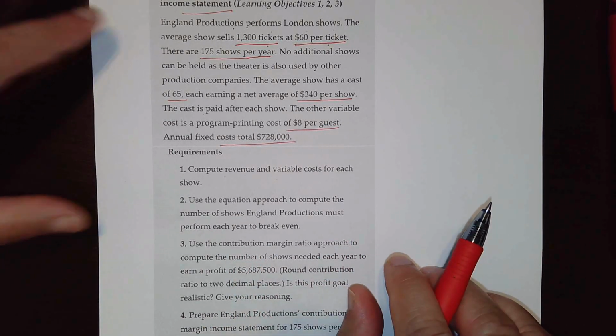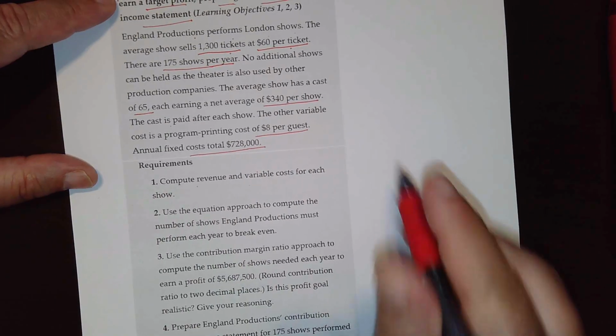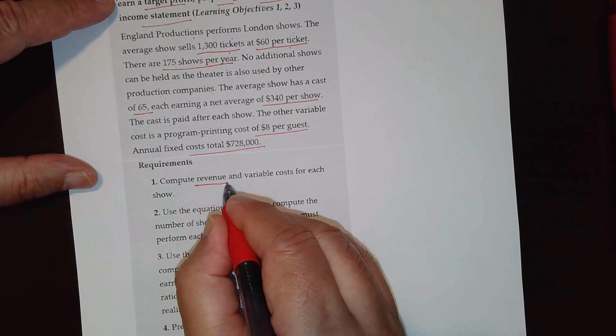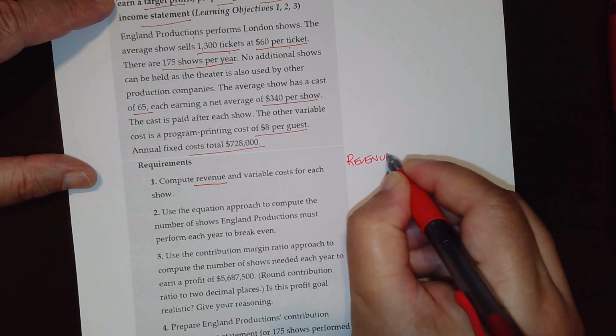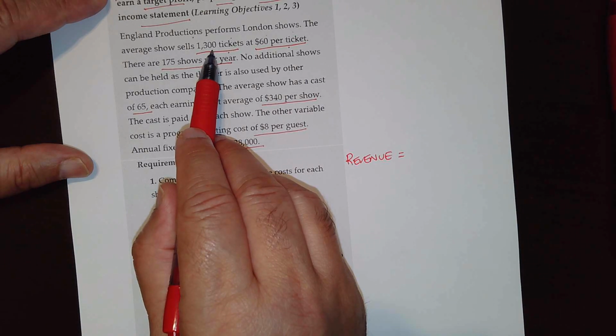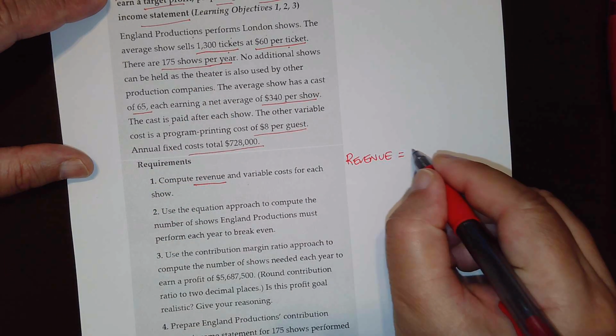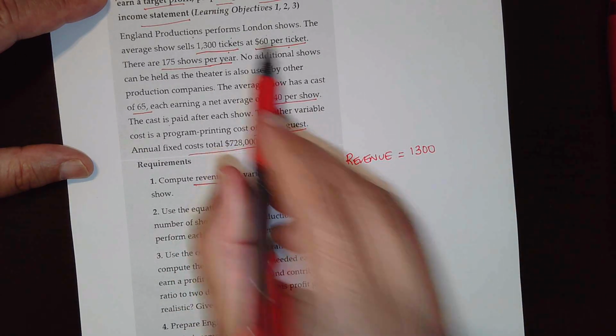So we're going to calculate the sales revenue. Revenue or sales revenue is the same thing. Revenue is how many tickets we are selling. We are selling on average 1,300 tickets, and each ticket at $60.